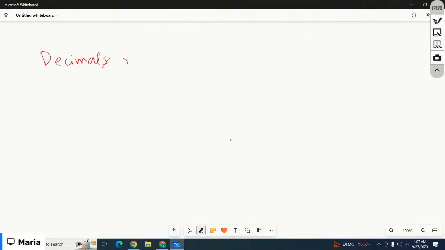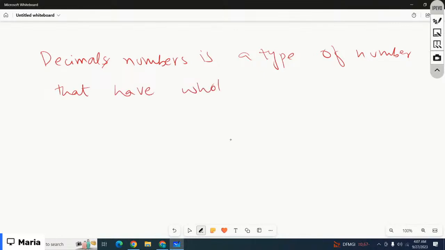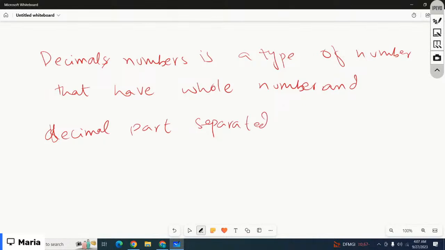So decimal numbers are a type of number that have a whole number and a decimal portion separated by a decimal point.